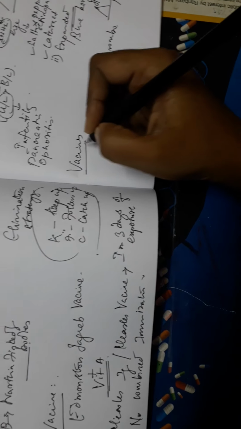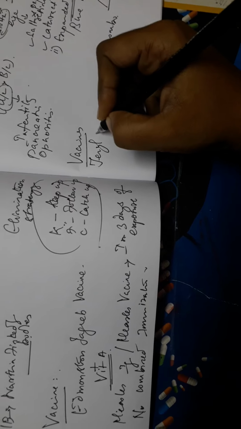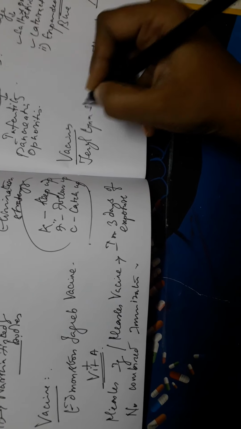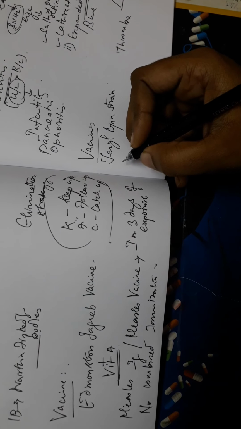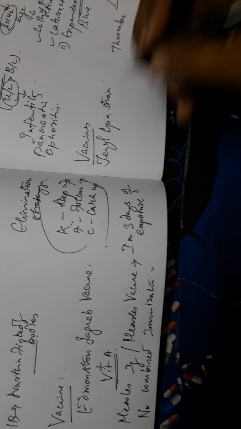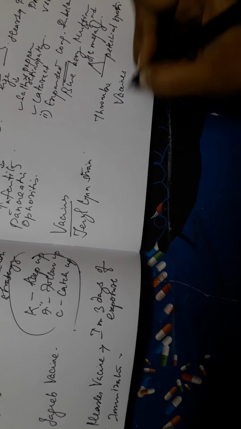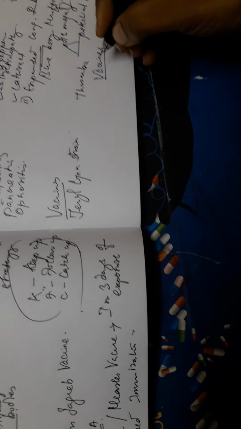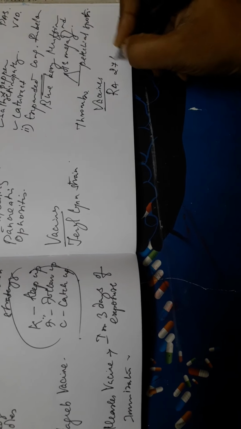Okay, the next vaccine against mumps is the Gerald Line strain. The next is vaccination against rubella, and the strain name is RA273.